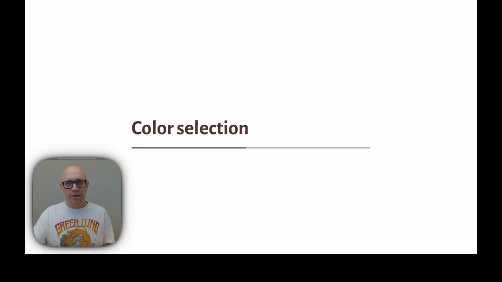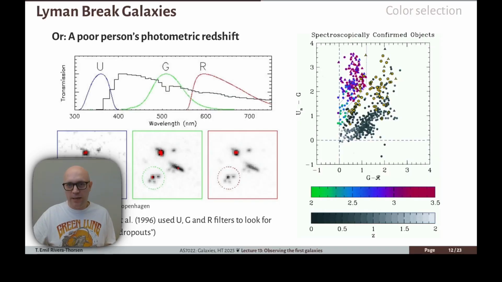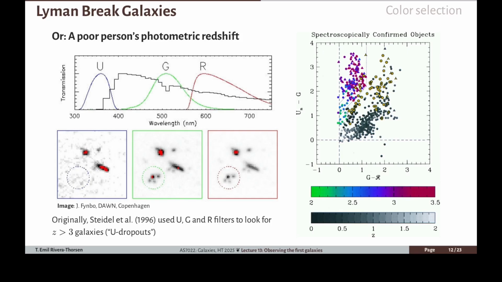One selection function, just to get back to the whole surveys and how to design them thing, that we use quite often is color selection. This is kind of a cheaper, easier version of a photometric redshift and of an SED.